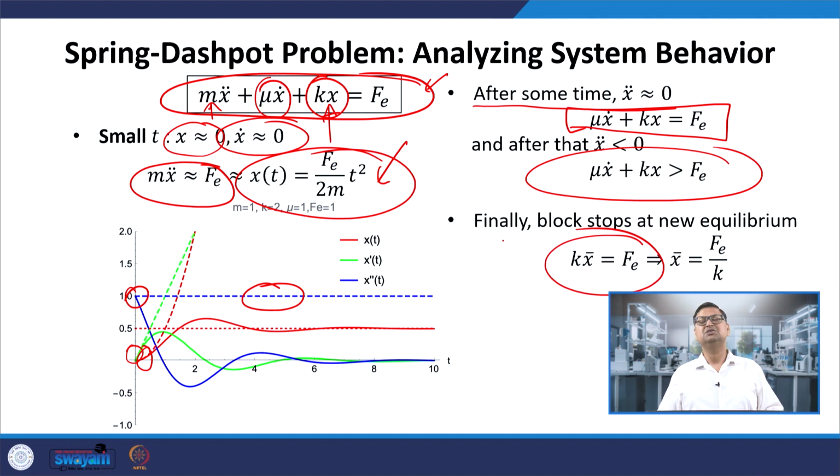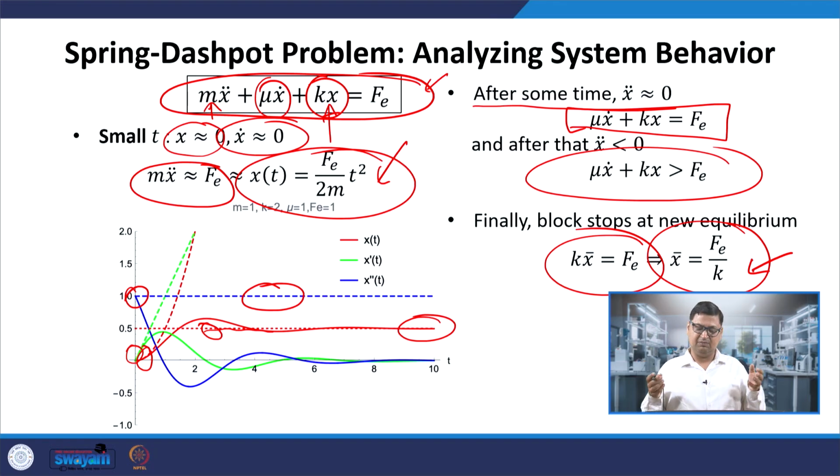So we get this particular equation only, and I can find the equation for the new equilibrium, which I am showing by this particular line there, that is still predicting the final equilibrium quite precisely. So this dotted line again is what I get from this equation, and I have not really solved the full equation, but still I can get the limiting behavior by simply analyzing and dropping terms from this equation, right.